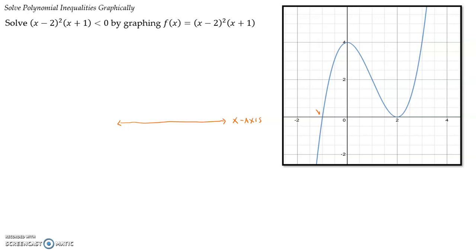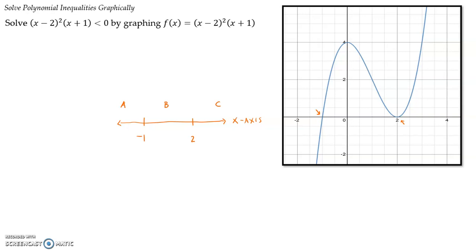We had one of the zeros here at -1, and we had this other zero here at positive 2. I'm going to plot those on my x-axis snapshot. And keep in mind that's breaking my graph into 3 intervals. I'm going to label this interval A, interval B, and interval C.